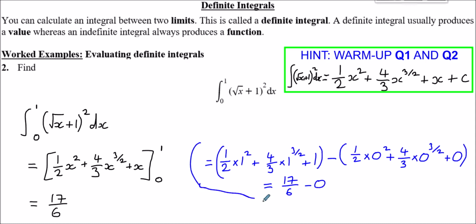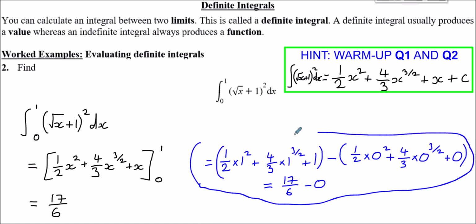So that's the longhand version of doing it. If you don't trust me, just try it yourself. So you get 17 over 6. So the exact integral, the definite integral, between the limits of 1 and 0 of this function is 17/6.